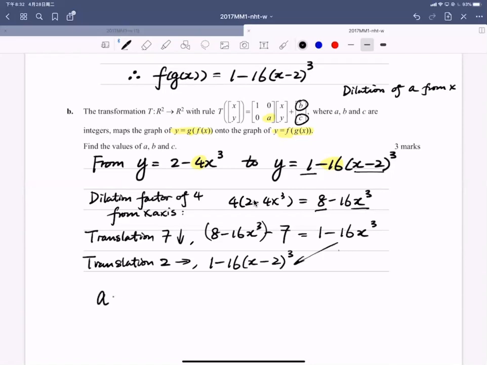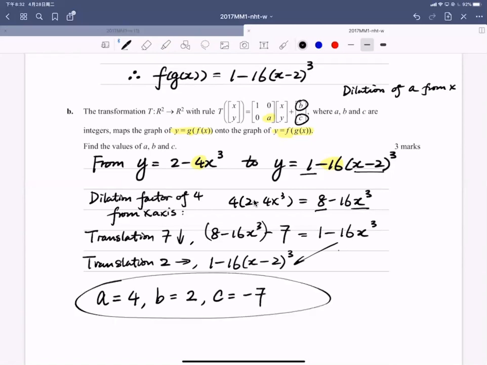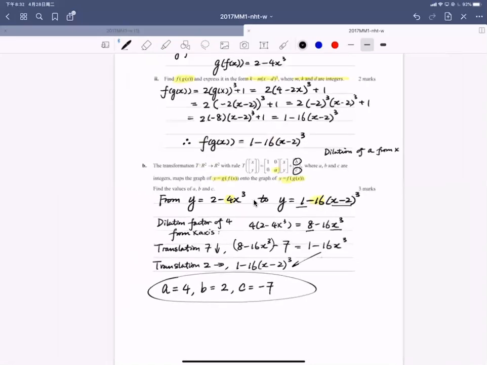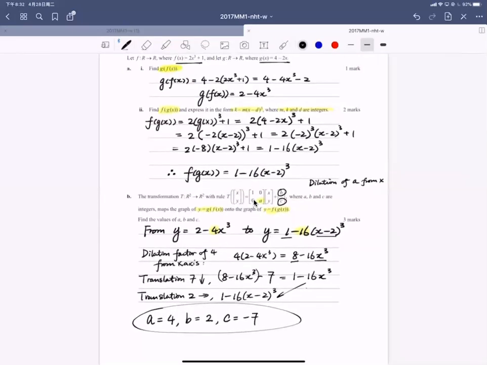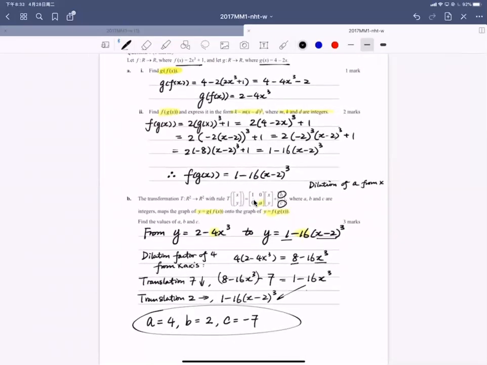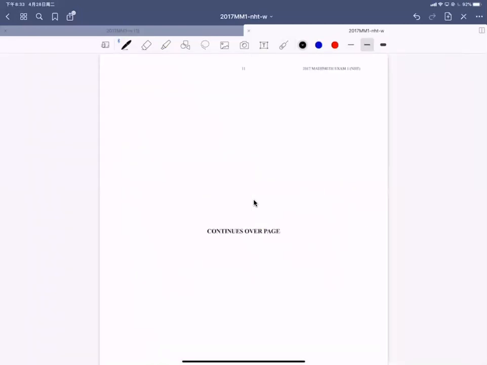Therefore, a will be 4, definitely. b will be 2, because we are shifting the graph to the right. And c value should be minus 7, okay? Nice transformation question. Let's move on and continue over the page.